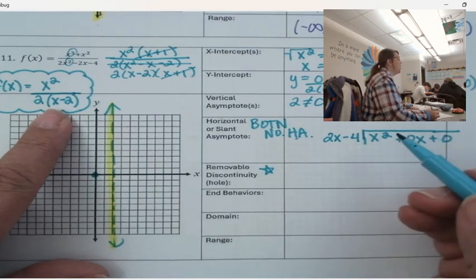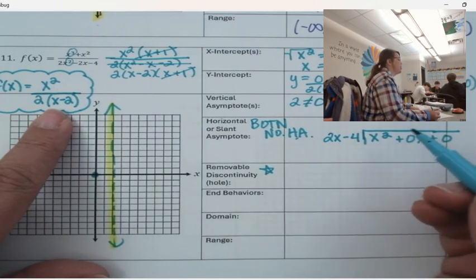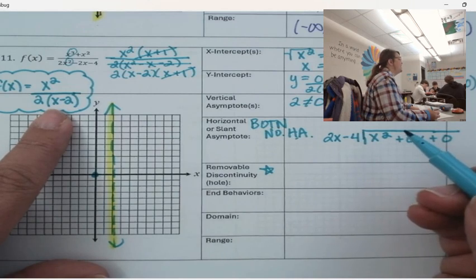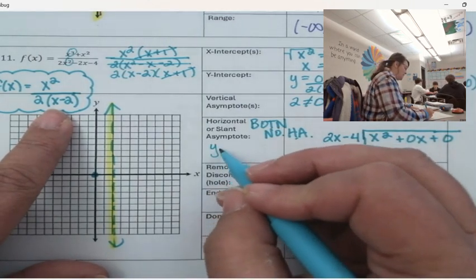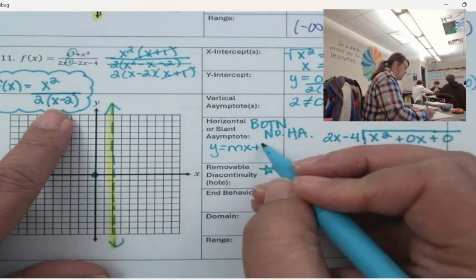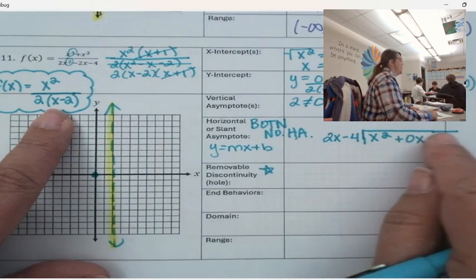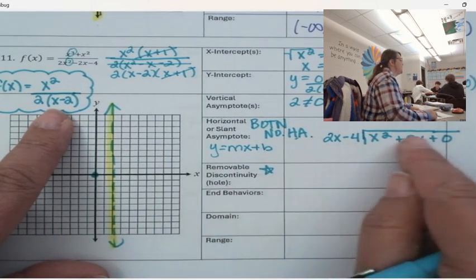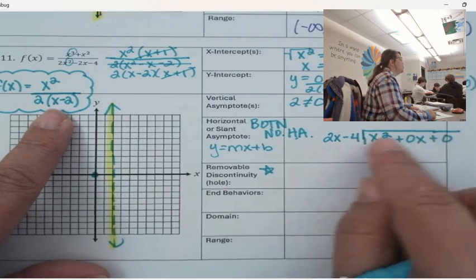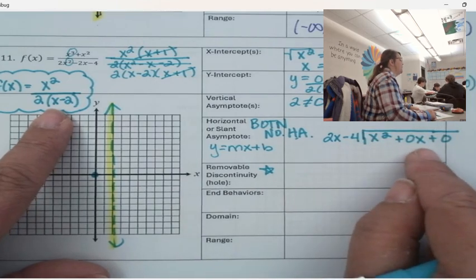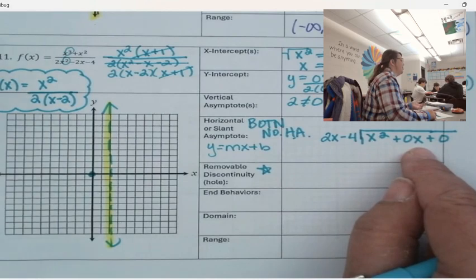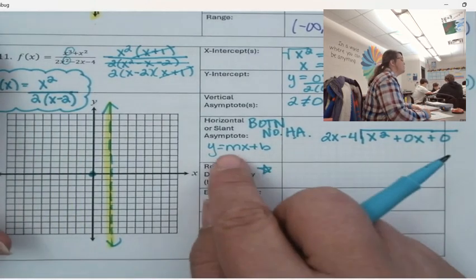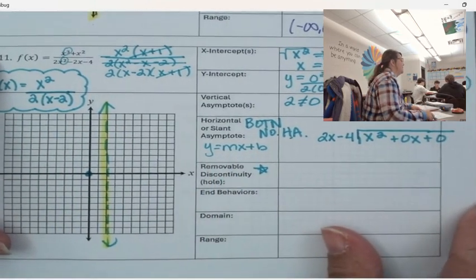Now, remember, our slant asymptote is just going to be a line. It's going to be something in y equals mx plus b form. So I'm not going to get too much happening up here if all I'm supposed to get is something x plus b. So this shouldn't be too hard, okay? And you don't have to worry about a remainder ever. As long as you get the mx plus b part, you're done.